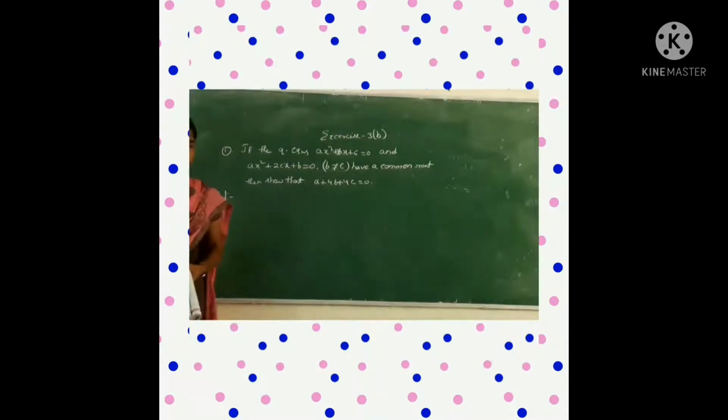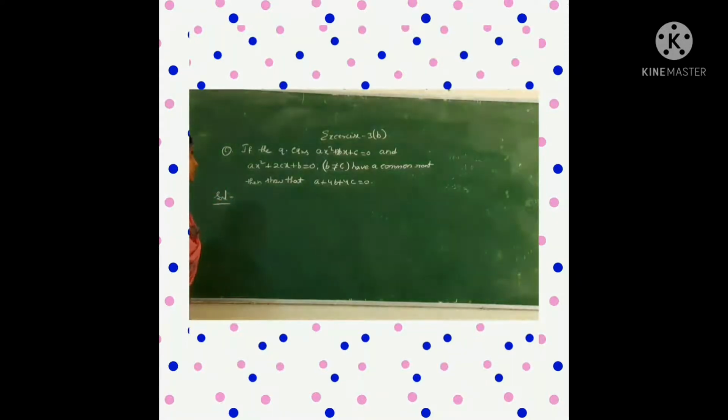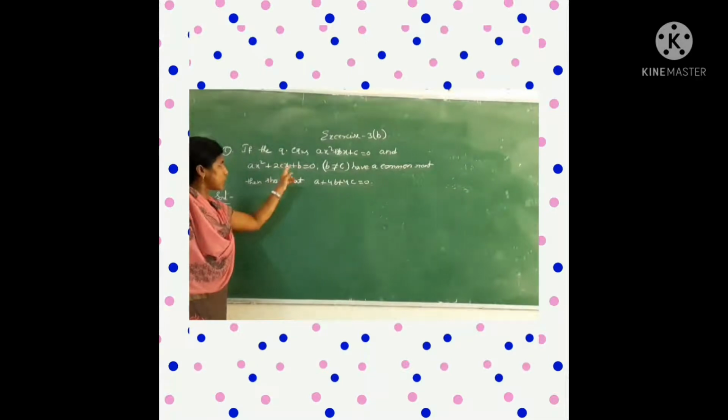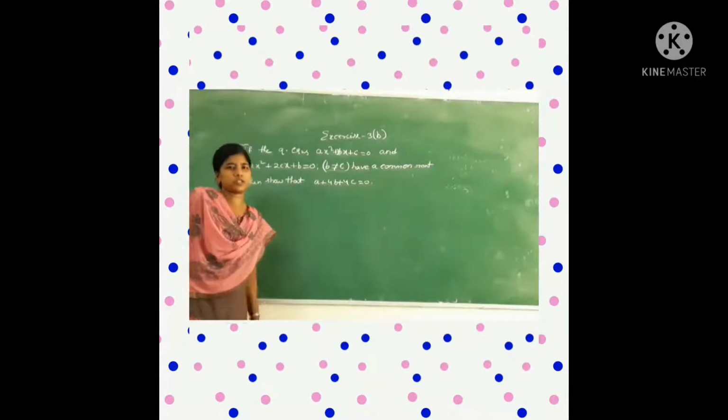First read this sum. We are given the quadratic equations ax square plus 2bx plus c is equal to 0 and ax square plus 2cx plus b is equal to 0. Okay, here two equations are given. We already did some examples in the last class. Here we have to show that for a common root, a plus 4b plus 4c is equal to 0.